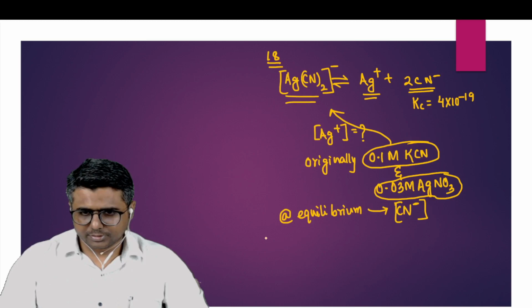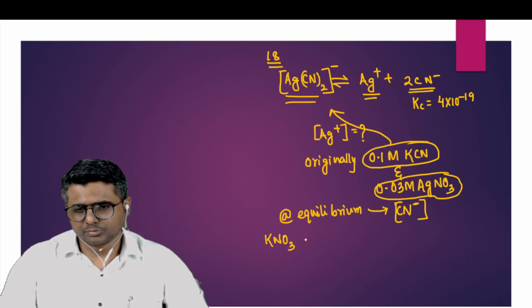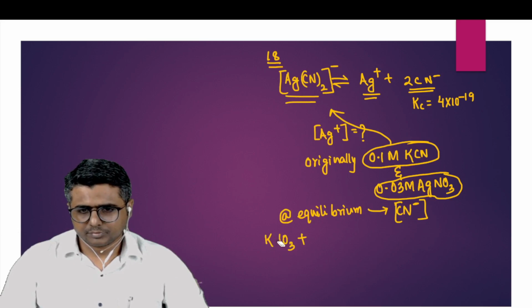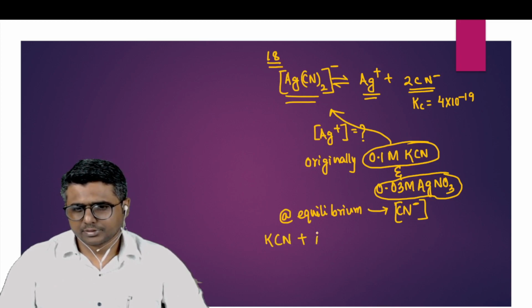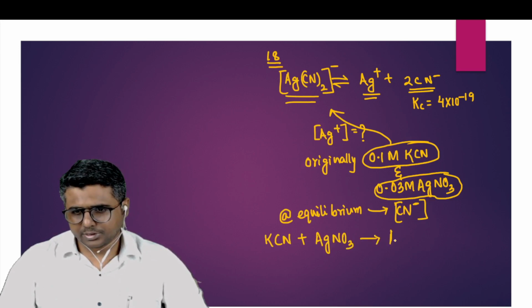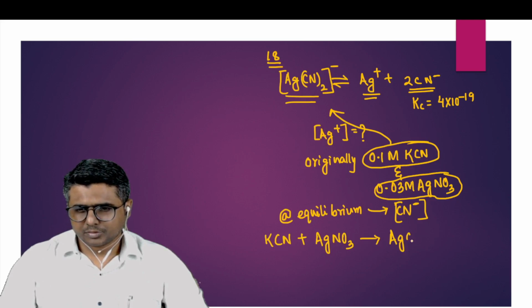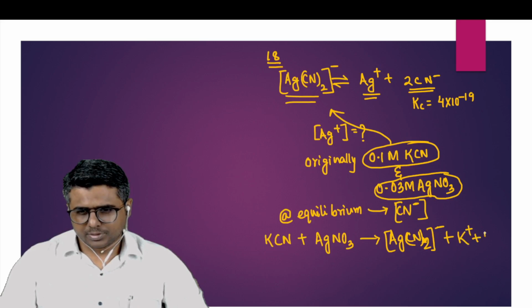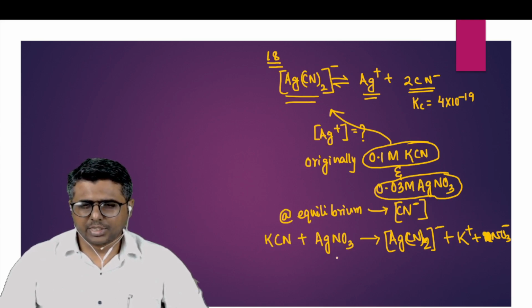The formation reaction of AgCN2 is KCN plus AgNO3 giving AgCN2 minus plus K plus plus NO3 minus actually, because KNO3 is an ionic compound.